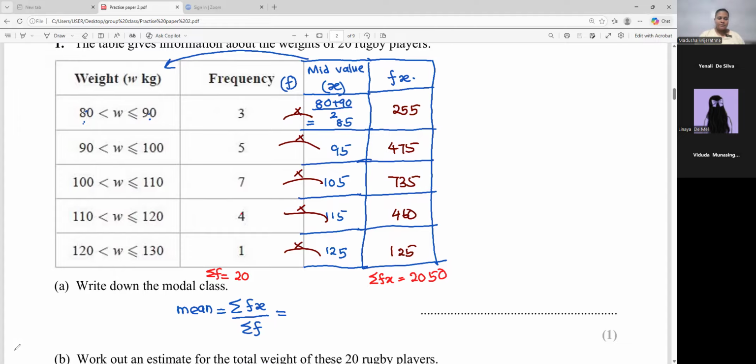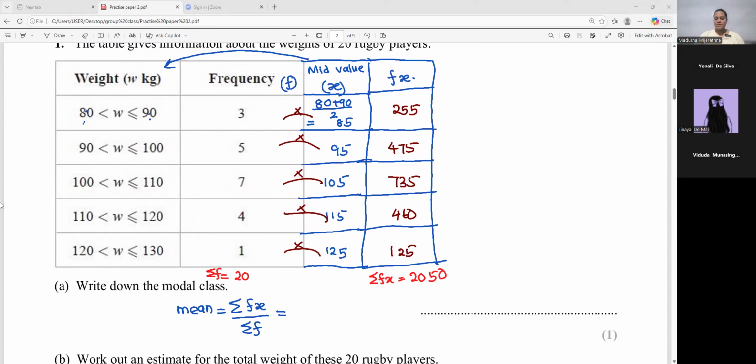Like that, we found the total weights in each class. Finally, we got the total weight of all of these 20 rugby players. This is not the exact value. Estimate total weight of all rugby players is 2,050 kilograms.